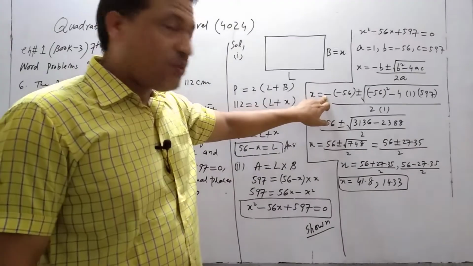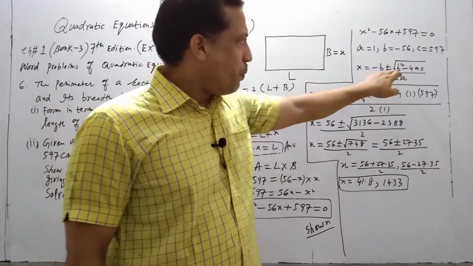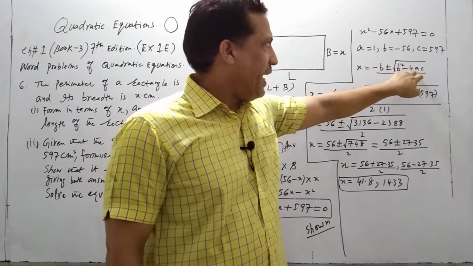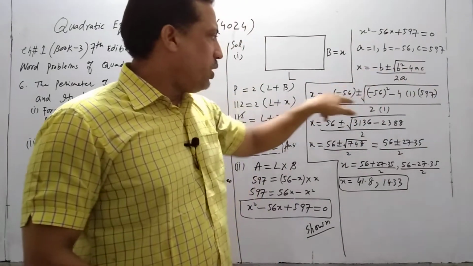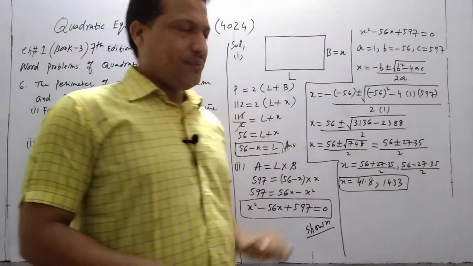Put all the values a, b, c in this formula. b is minus 56, so minus b gives 56, plus minus the root of 56 square minus 4 multiplied by a, which is 1, multiplied by c, which is 597, whole upon 2a, which is 2 multiplied by 1.